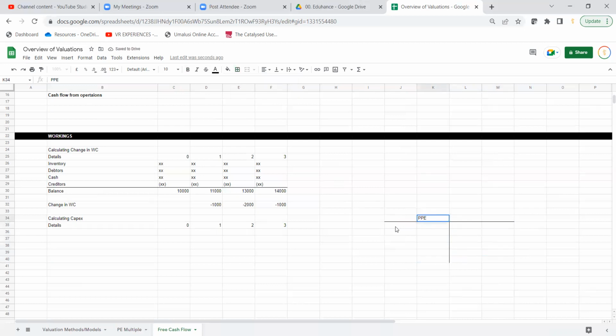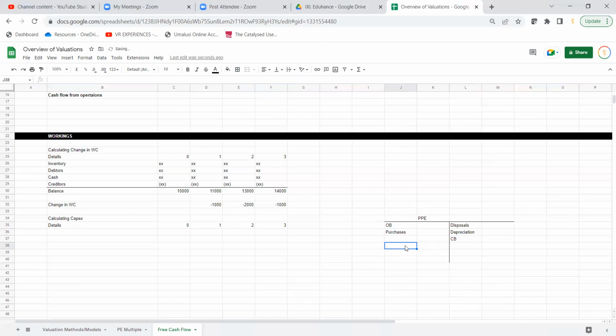We have the opening balance, the closing balance, disposals, depreciation, and then purchases.